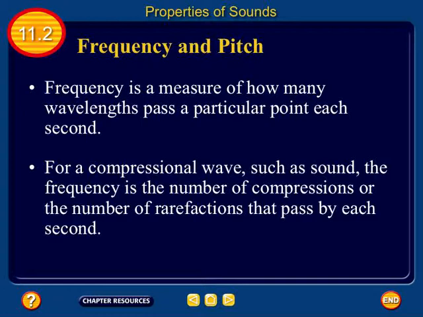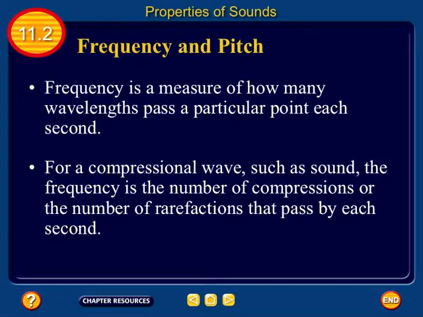What I mean by pass is if I'm at your ear, or if I'm your tympanic membrane, then the frequency would tell me how many compressions hit my tympanic membrane every second, and how many rarefactions hit it every second. If it's a lot, it sounds higher.